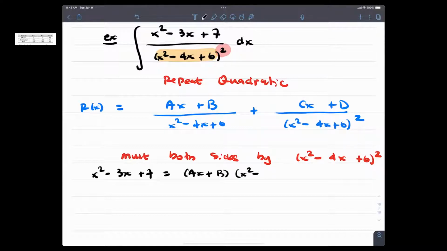Factor. x squared minus 4x plus 6, plus cx plus d. All right, you guys okay with that one?